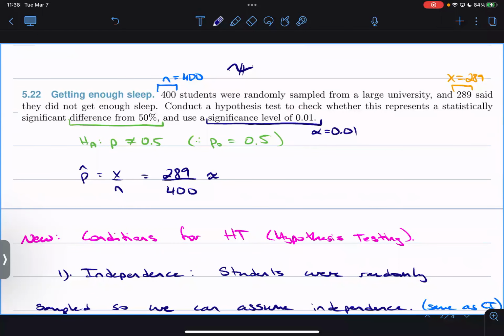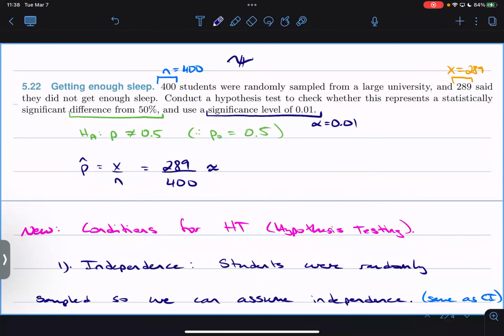What do I have? 0.7225. Can't tell if that's been rounded already. 289 divided by 400. Okay, so that is the value. So I'm going to use that whole thing because it's only 4 decimal places. Why not? So that is the value.